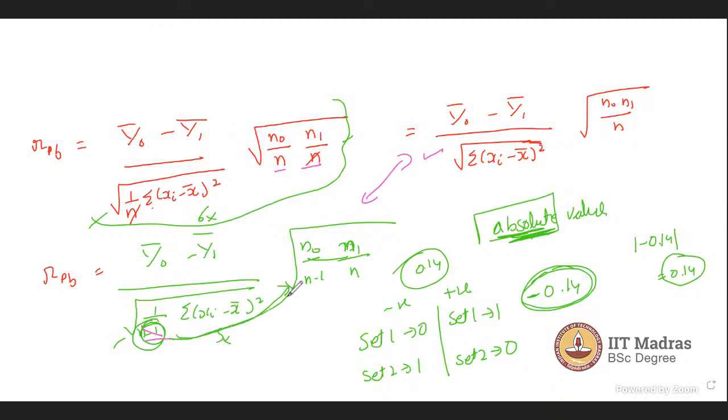Both should be n minus 1 or both should be n. That's core statistics, which is beyond this syllabus, so you don't need to know the derivation. You can use either population or sample standard deviation, but for the sample you have to divide by n minus 1. So to avoid confusion, try to use the population one. Population is better to use.